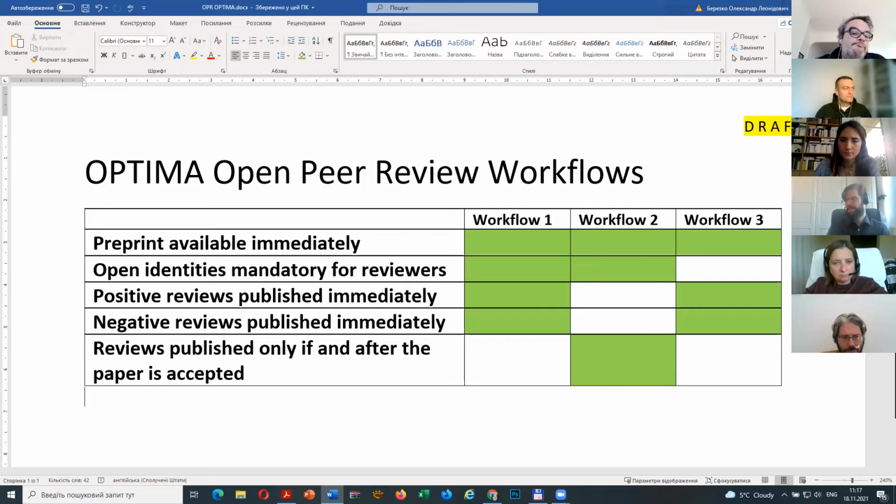Quite simply, that would be an option: to publish positive reviews by default and not publish negative reviews by default, but ask for permission, for instance, only with respect to negative reviews. The question is the extent to which that can still be called open peer review if you quite arbitrarily decide not to publish certain reviews.